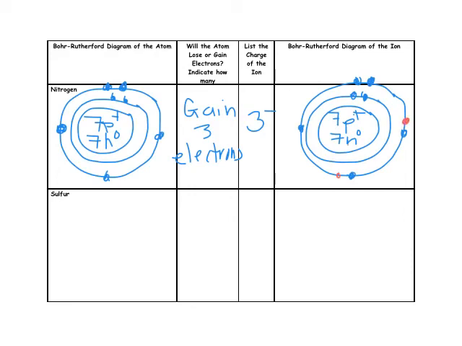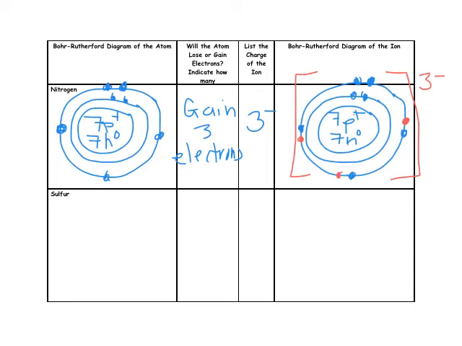I'm going to show those in red. Now you'll see that outer shell is full with 8 electrons. It has a complete octet. Because it's an ion, we're going to include square brackets around the diagram with the charge. And notice in this case, the charge of -3.